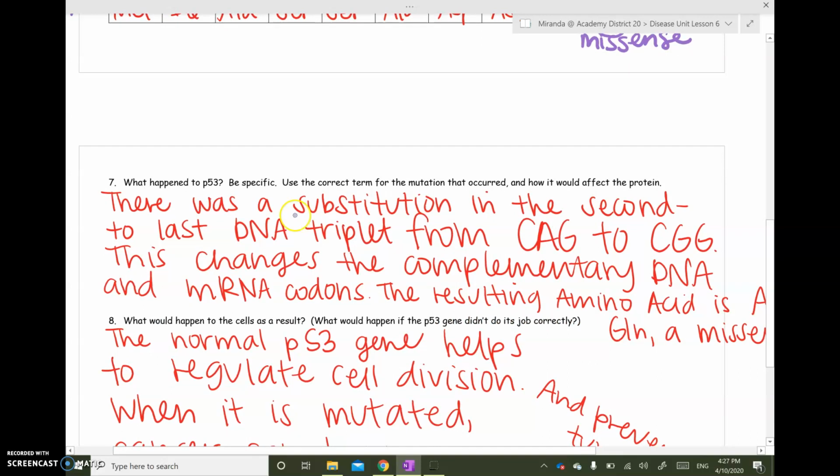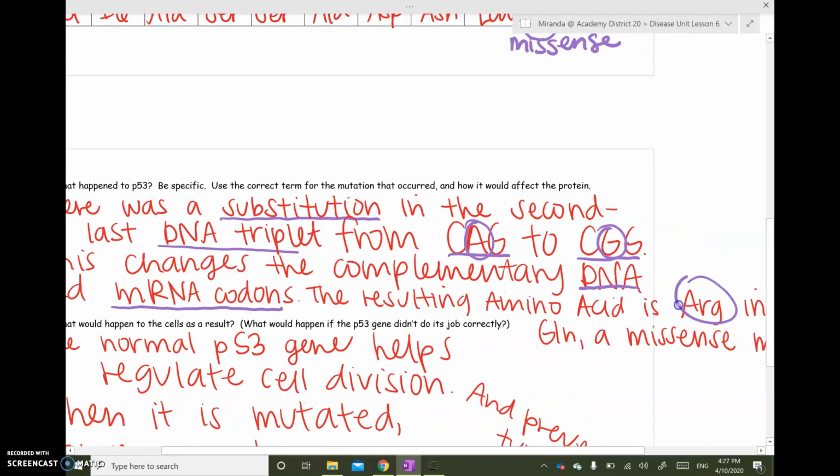I said there was a substitution in the second to the last DNA triplet from CAG to CGG. So these are the ones that changed. This changes the complementary DNA and the mRNA codons. And the resulting amino acid is Arg instead of Gln. And so it's a missense mutation.